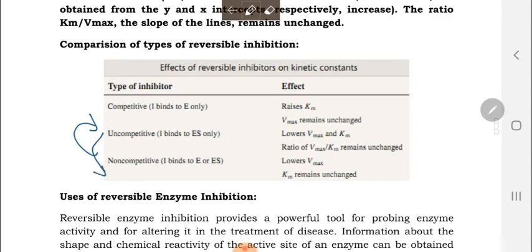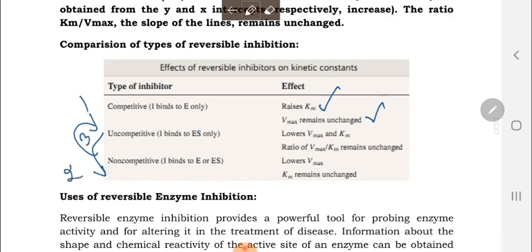For competitive, the Km is increased and Vmax remains unchanged. Sorry, the first one is competitive, the second is non-competitive, and the third is uncompetitive.